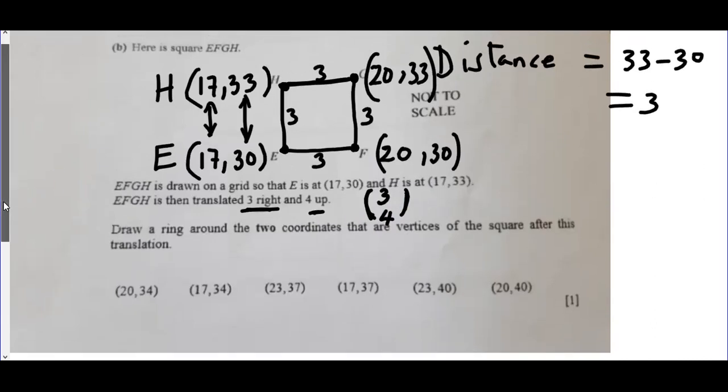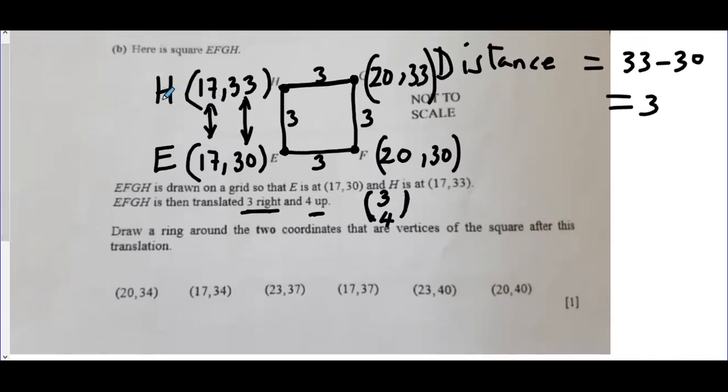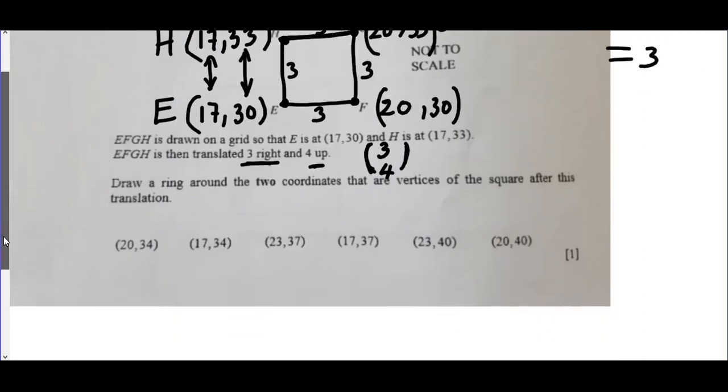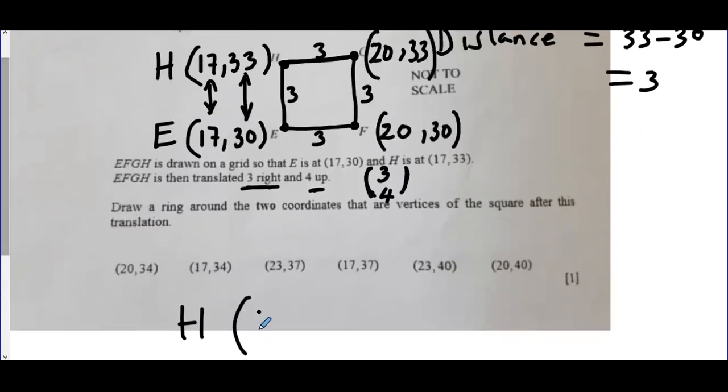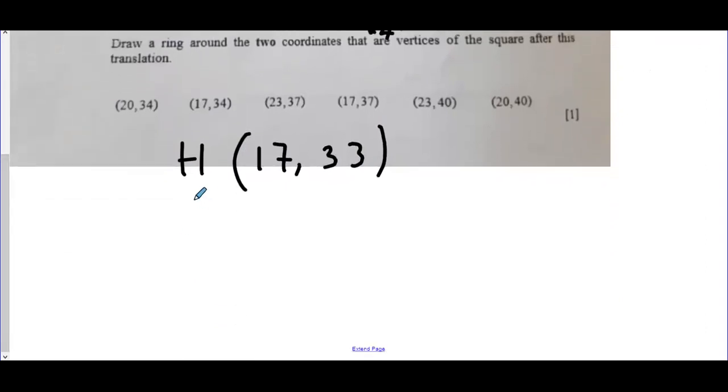For example, if you want to find the coordinates of the image H, we have H with coordinates 17,33. Now, if this is going under a translation of 3 right and 4 up, meaning that we're going to get a new point, which we call H dash.